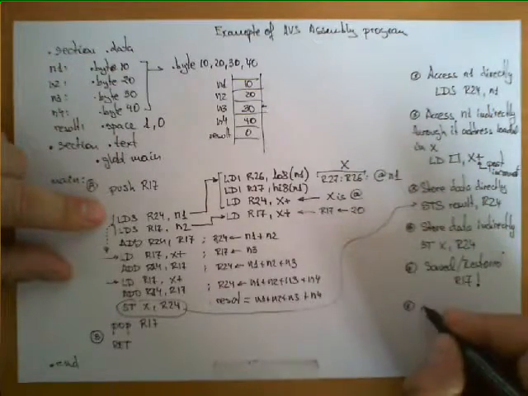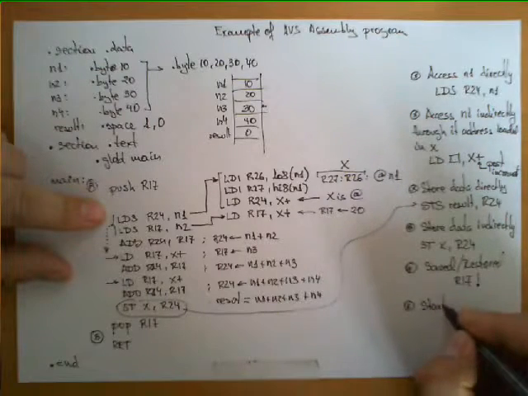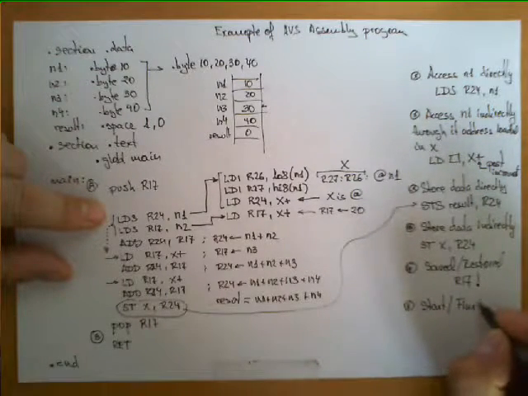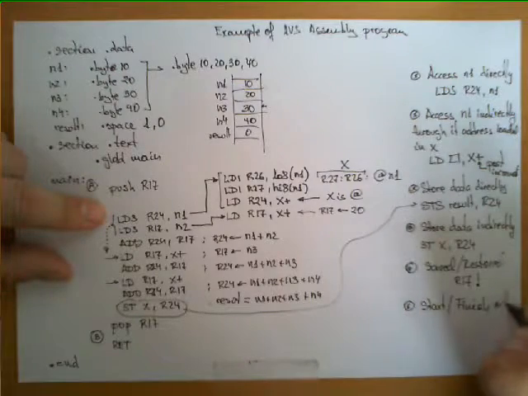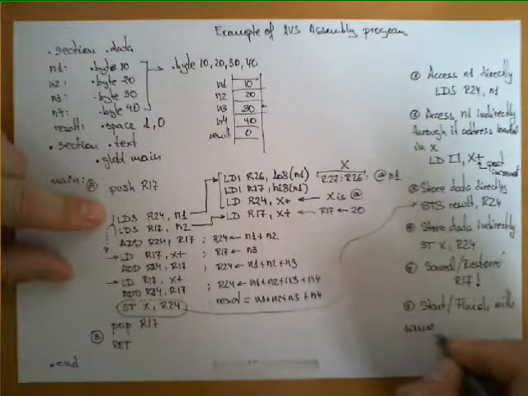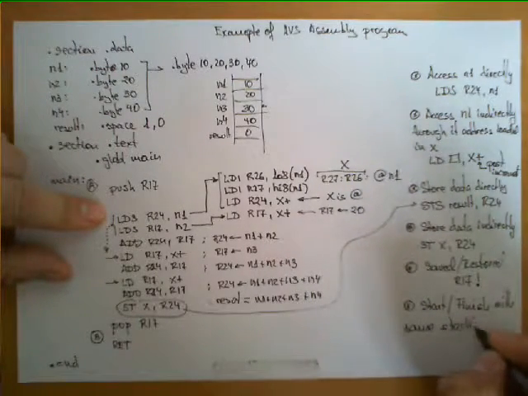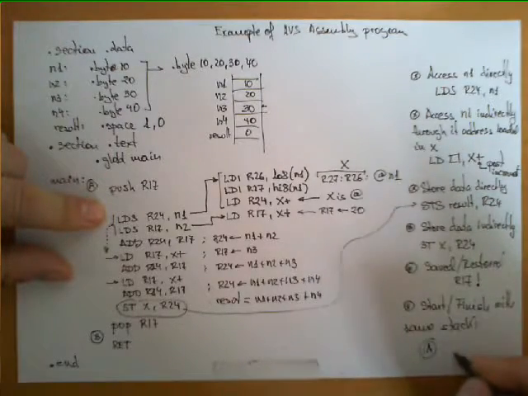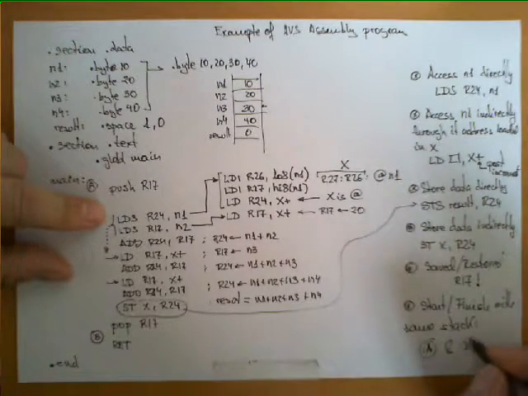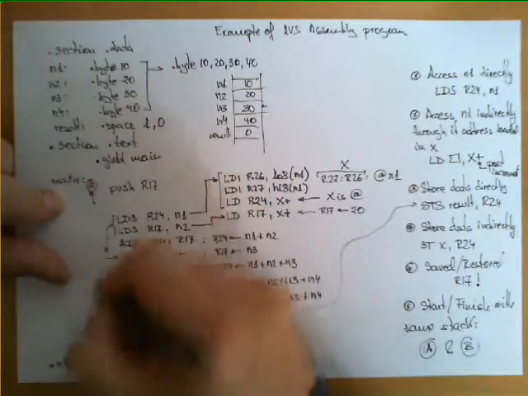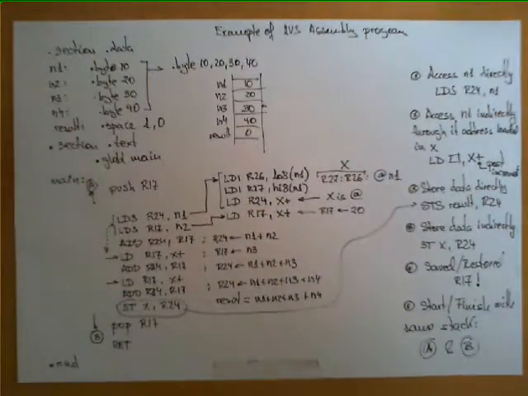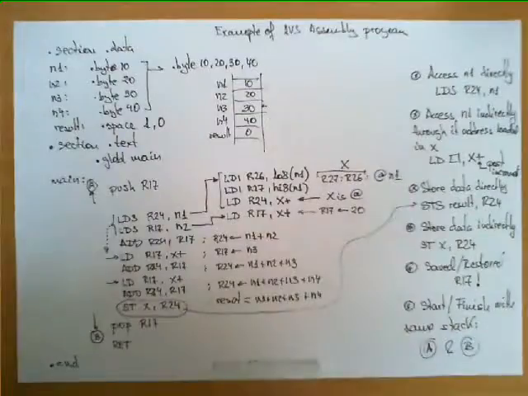And the end is that start and finish the program with the same stack. And what I mean by this is in positions A and B, that is here and here. And this concludes the example of the assembly program.